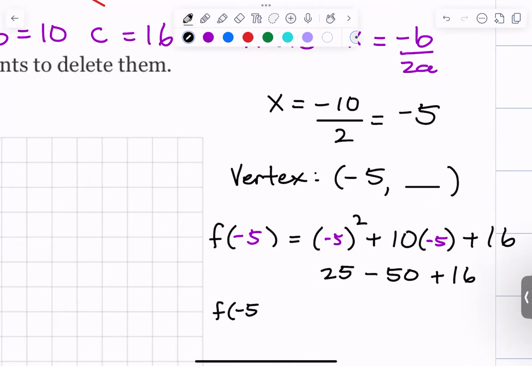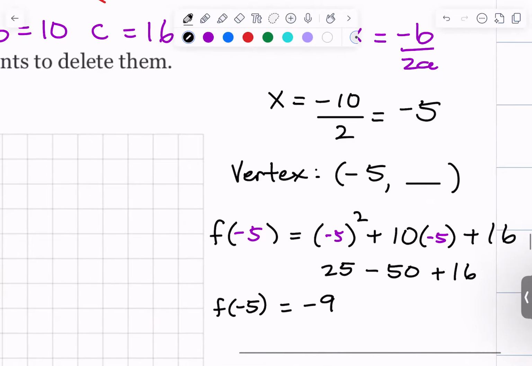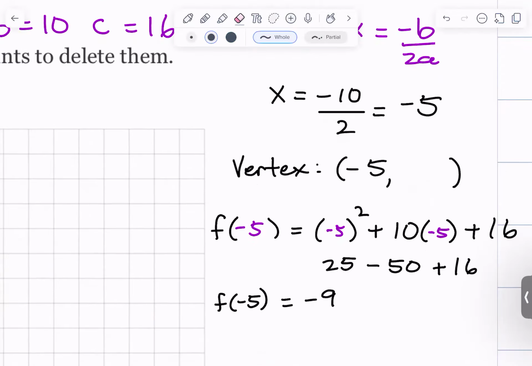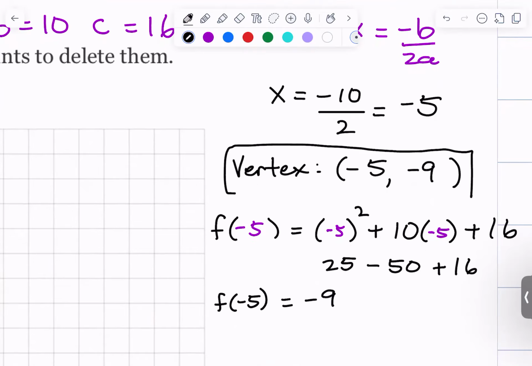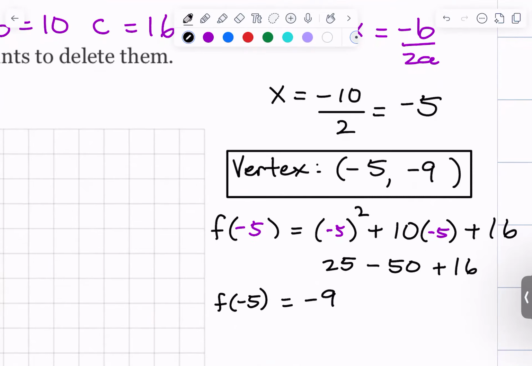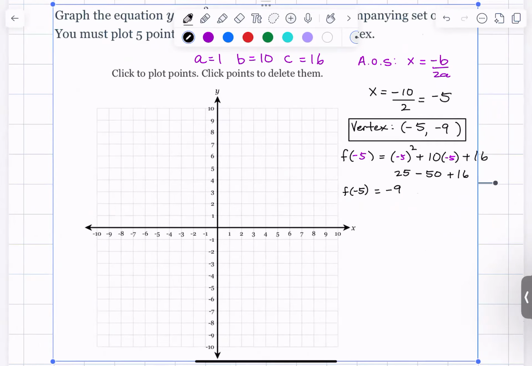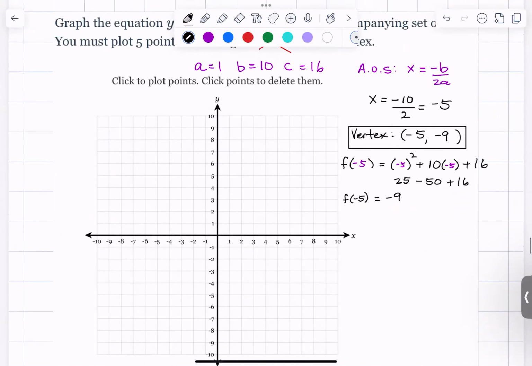So f of -5 equals -9. So I have my vertex at -5 comma -9. Now, what we just did is the same as our previous example. Any questions on that process?